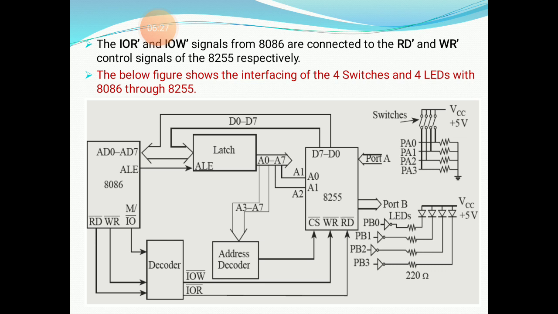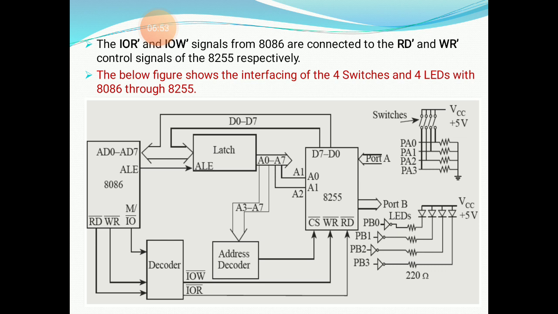These control signals are given to the 8255 at its WR bar and RD bar pins. Now the 4 lines carry the switch pattern from the 4 switches and give it to port B by using the microprocessor.